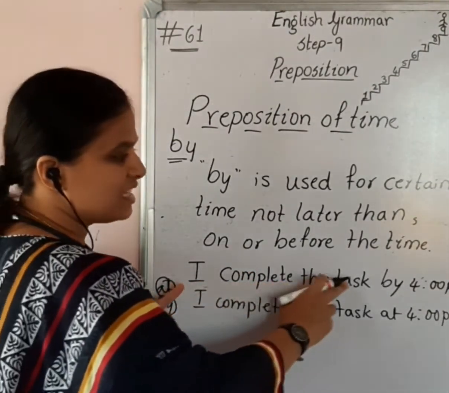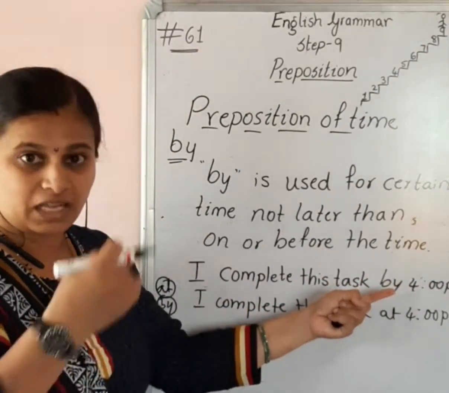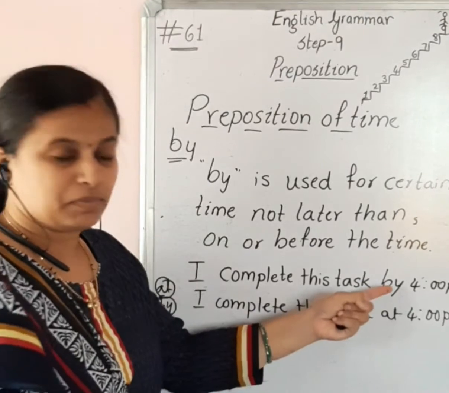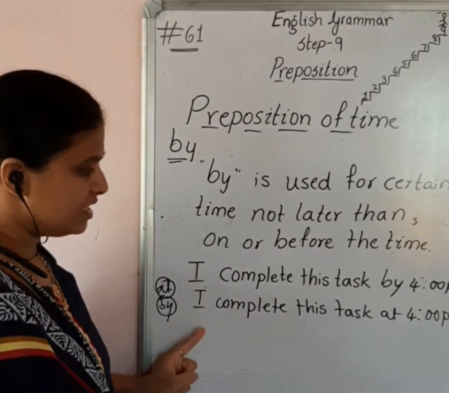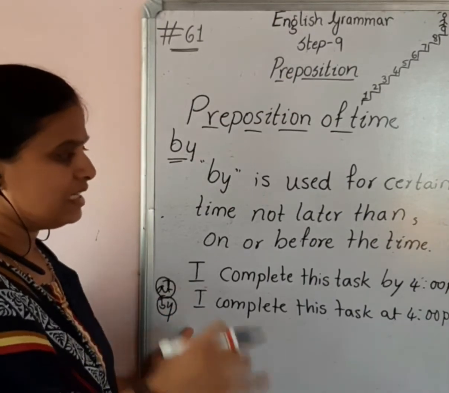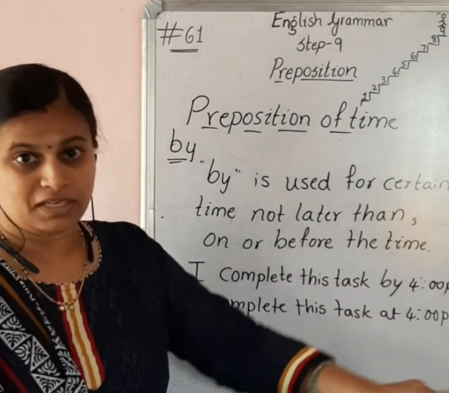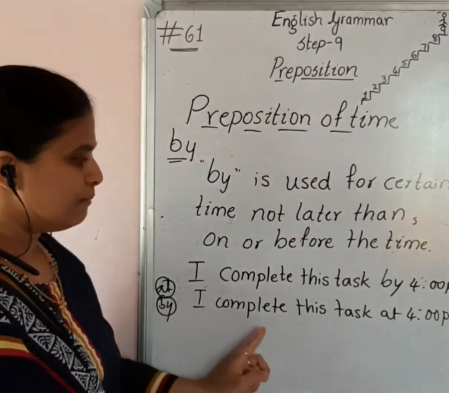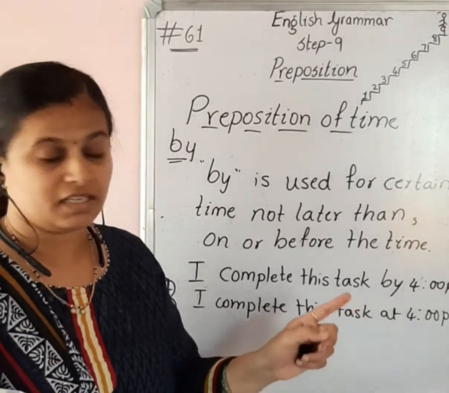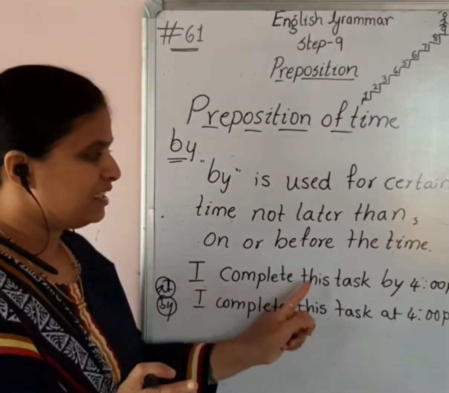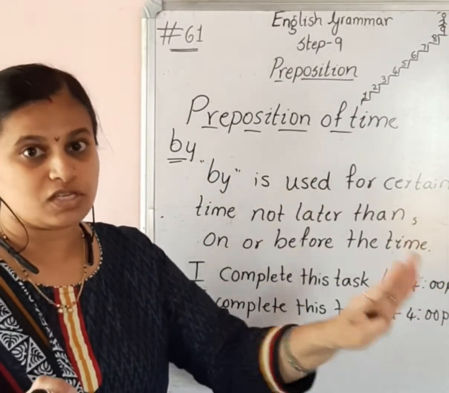I complete this task by 4 p.m. means you may complete the task before that, or at that particular prescribed time. But in this sentence, it says that exactly at 4 p.m. you are going to do that task and complete it at that time. So here also, I complete this task by 4 p.m., 4 o'clock tak wo kaam khatam ho jayega.